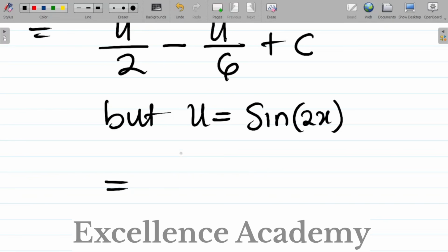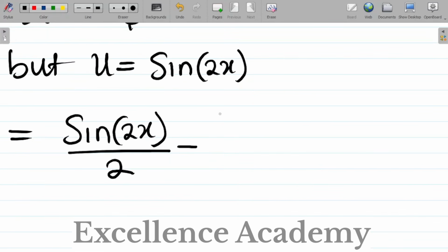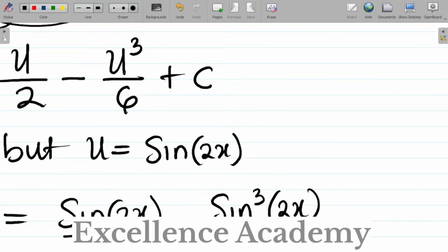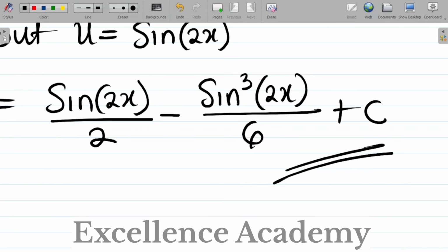This will be equal to u over 2 becomes sine of 2x all over 2 minus, when you have u cube it is simply sine 2x cubed, that's sine cube 2x, all over 6, then plus c, your constant of integration. So basically, what I have here becomes the answer to the question. So sine 2x over 2 minus sine cube 2x over 6 plus c.